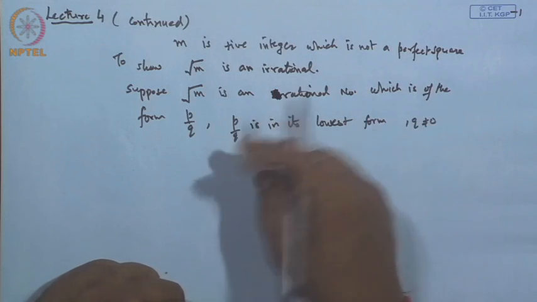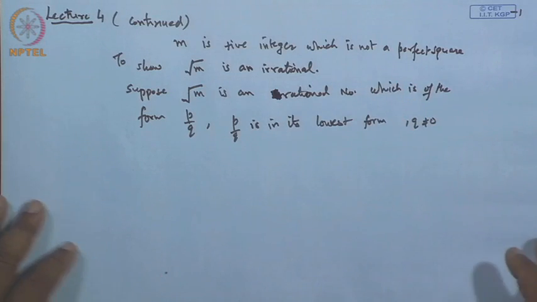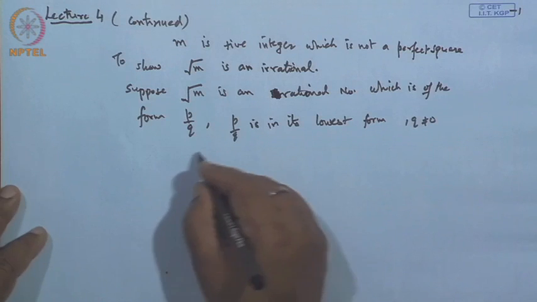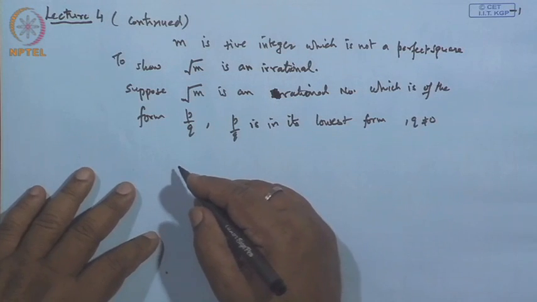There is no common factor between p and q. And this number p by q is a rational number.